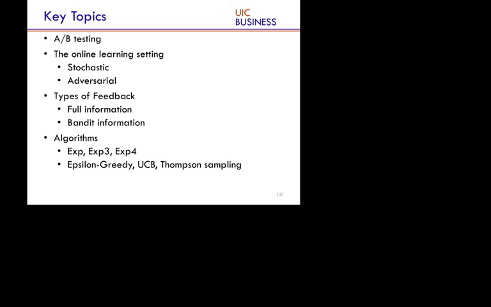Basically, understanding what is A/B testing, what is the online learning setting, what is the stochastic version, non-stochastic version, and we saw, at least in terms of examples, what was the full information case and what is the bandit information case. We also saw a full information algorithm called EXP, and we also saw a multi-armed bandit algorithm called EXP3 and a contextual bandit algorithm called EXP4.